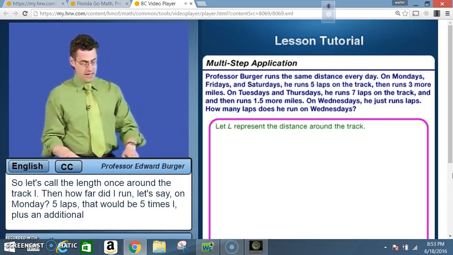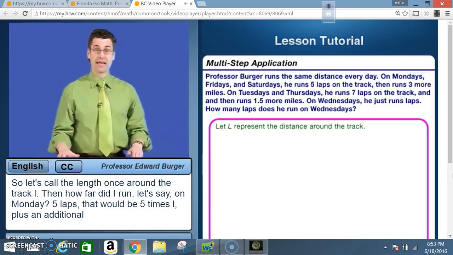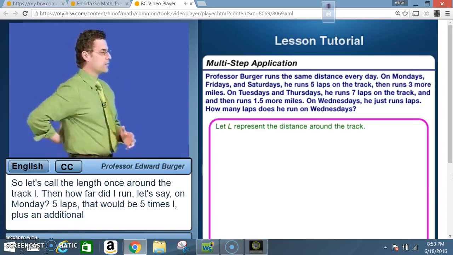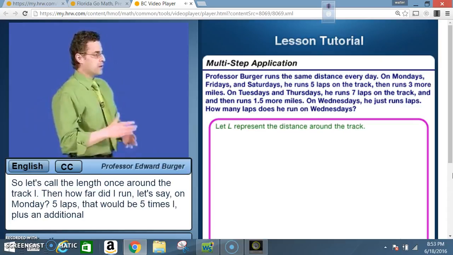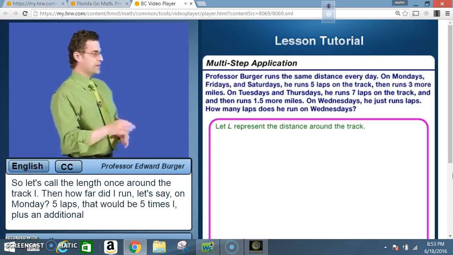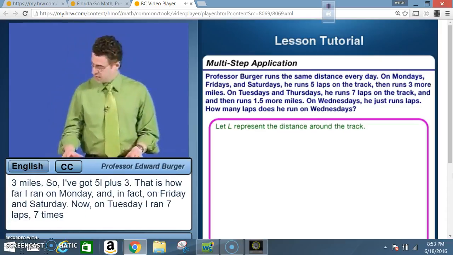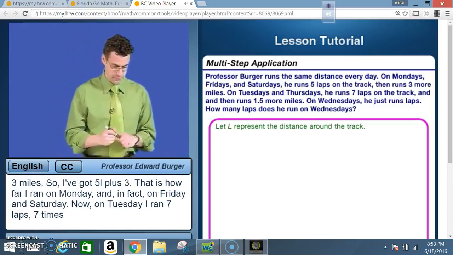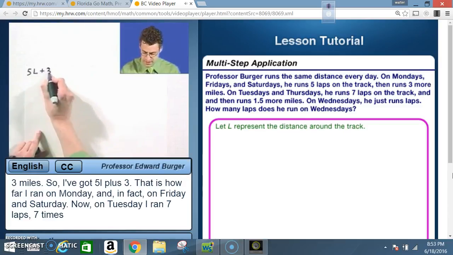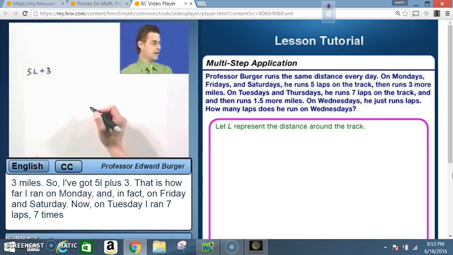So let's call the length of once around the track L. Then how far did I run, let's say on Monday? Well, 5 laps, that would be 5 times L, and then plus an additional 3 miles. So I've got 5L plus 3. That's how far I ran on Monday, in fact, on Friday and Saturday.